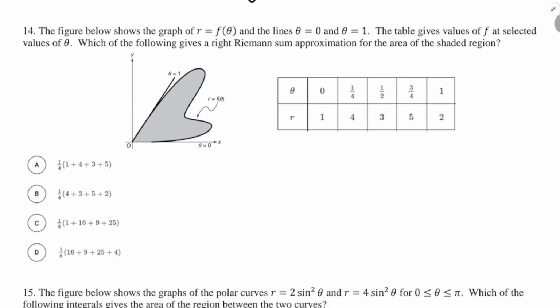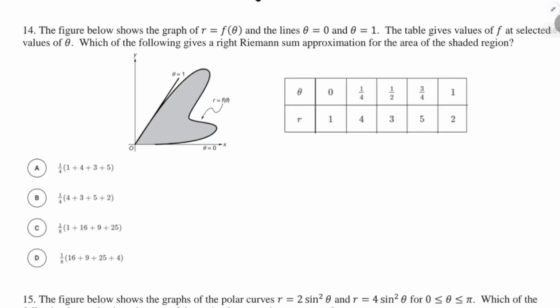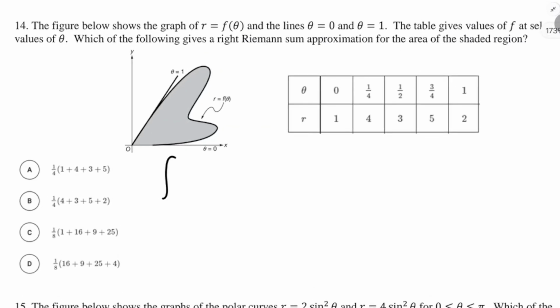All right, a right Riemann sum approximation for the area. Remember, we're approximating the integral of 1/2 r squared d theta. Our heights are given by, if we're thinking of it as rectangles, which maybe you should, maybe you shouldn't, but to make it most familiar, we're going to have 1/2 r squared as our integrand.